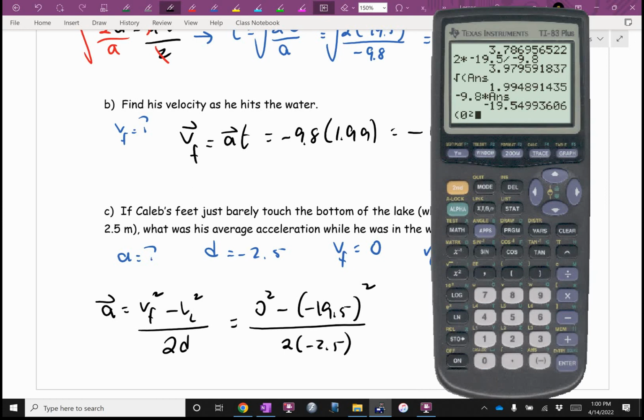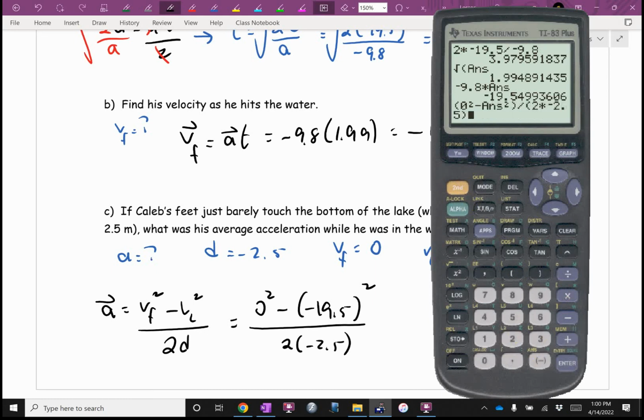Is this a fraction? Brackets around the top. Also brackets around the bottom. I got 76.44. Yes? No? Am I right? Yeah?